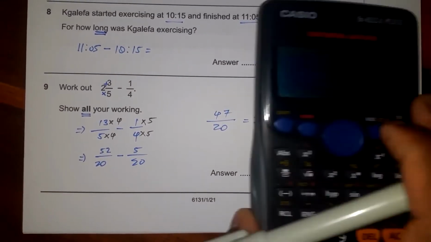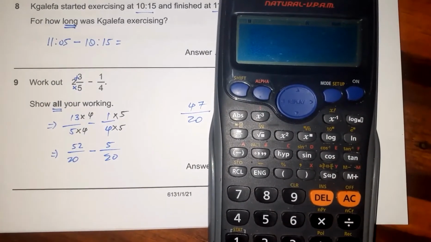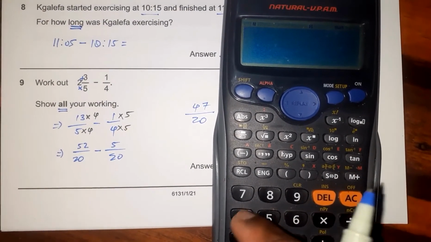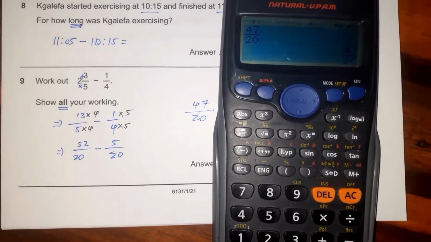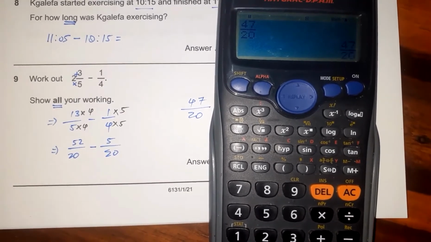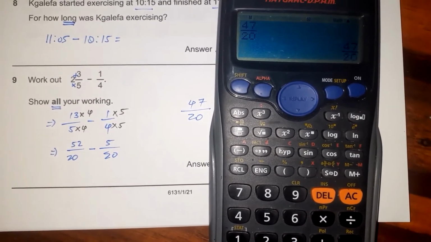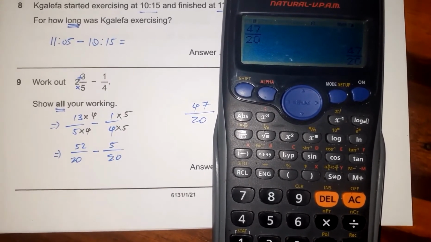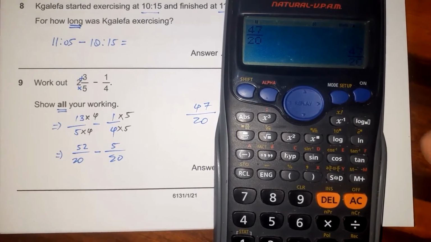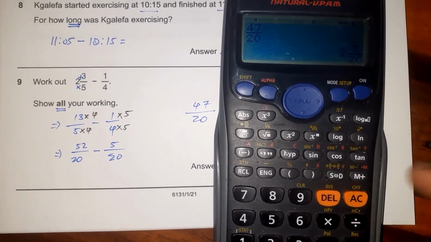Alternatively, you can use a calculator. You just punch 47 over 20. You press equal. But because we want to get, what do they call it? A mixed number. You punch shift and then this button.